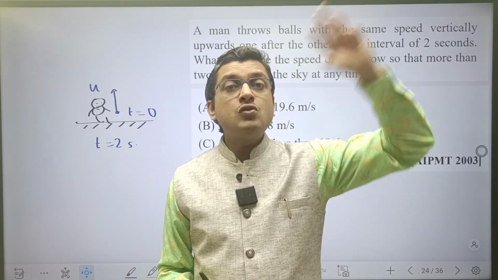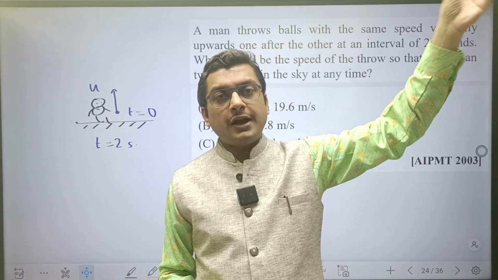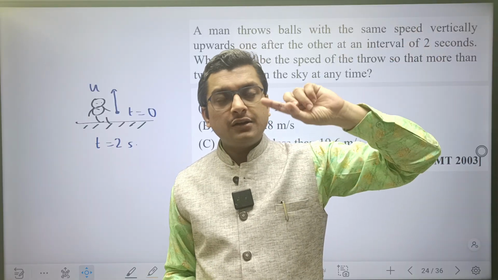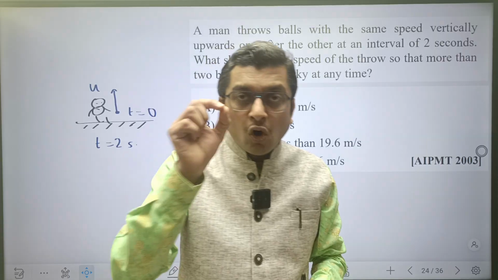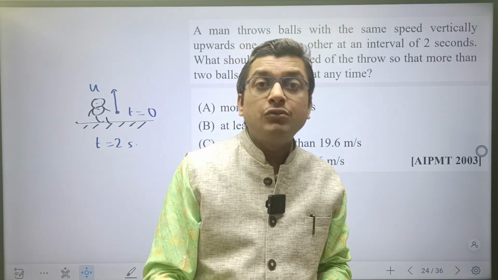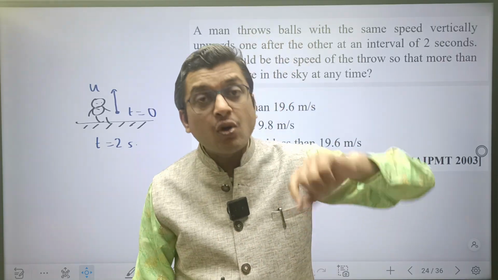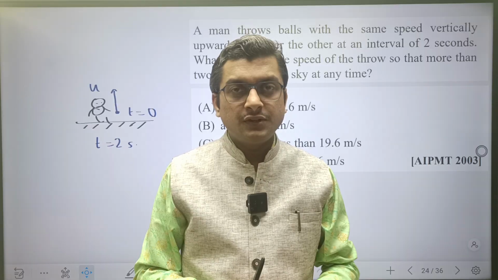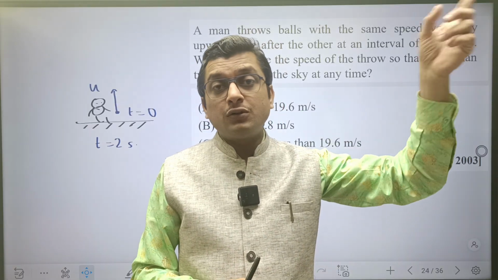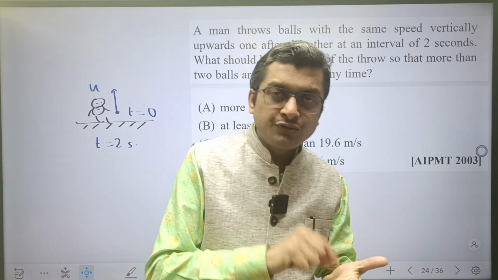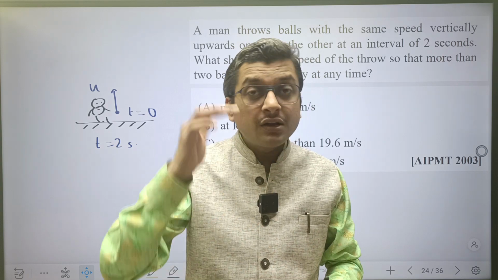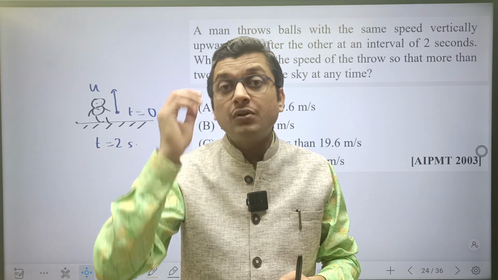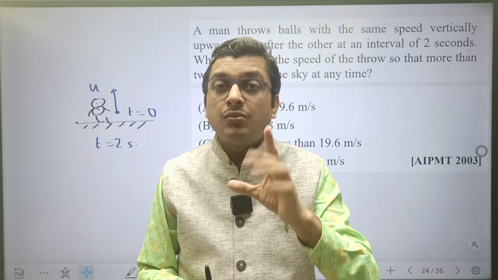So out of the 2 balls which you have already thrown at t equal to 0 and t equal to 2 seconds, no ball should reach the ground before the third ball is thrown, isn't it? Those 2 balls should not reach the ground before the throwing of the third ball.